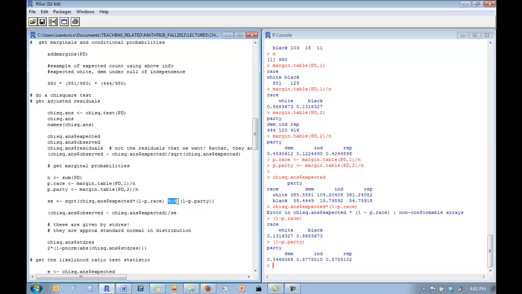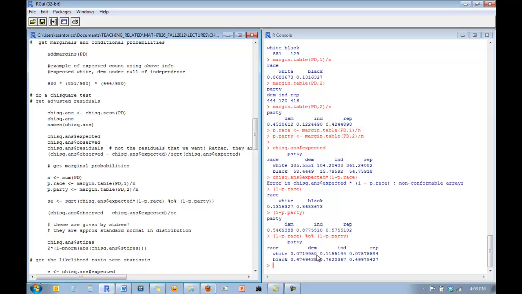This symbol right here is going to do a piecewise multiplication, so you're going to end up getting the Kronecker product, for those who know the math term for that. Let's multiply it and look at what it looks like. What it's done is it's taken the probability 1 minus p race, and for each of those, 1 minus white, 1 minus black, it's multiplied that for Democrat and put it down here.